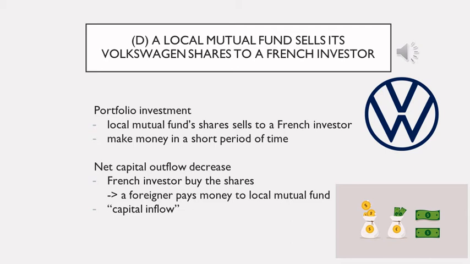When the French investor buys the Volkswagen shares, a foreigner needs to pay money to the local mutual fund. It is a capital inflow and makes the net capital outflow decrease, as the purchase of domestic assets by foreigners has increased.